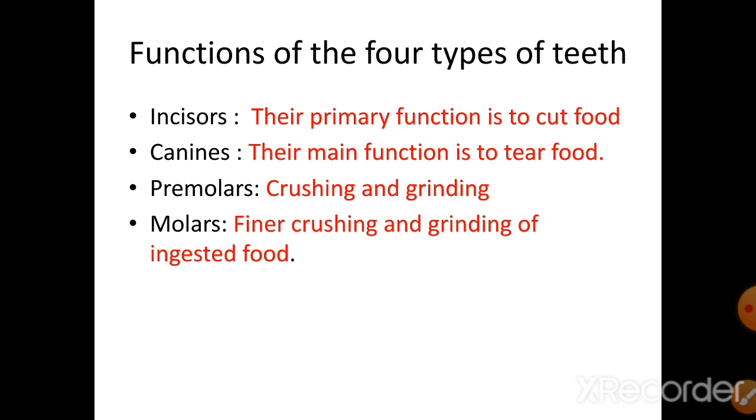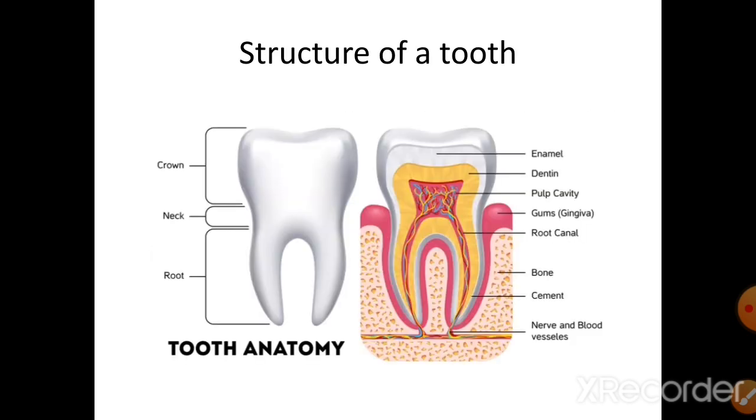Okay, so next we will do the structure of a tooth. If you have a look at the tooth, how does it look from inside? Here is the structure of the tooth, which is known as tooth anatomy.